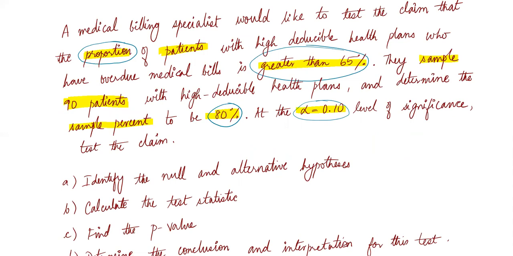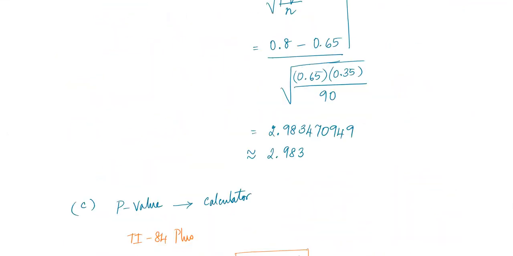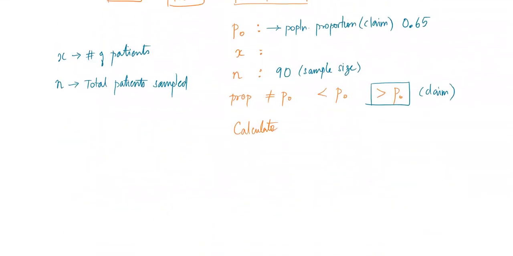The sample proportion is given to us, meaning sample proportion is 80%. 80% of those 90 patients had this overdue bill, okay? So p hat was 80%. This is 80% of 90 patients. So we're going to use this information to find x.